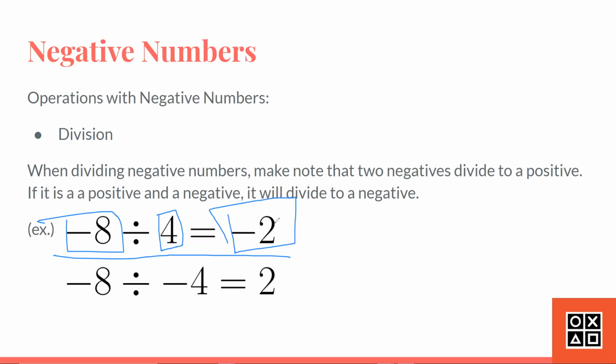So 8 divided by 4 is 2, and then you would just add a negative sign because it's a negative divided by a positive. And in this case, you're doing a negative divided by another negative. And so what you're doing is 8 divided by 4, which equals 2, and you're just canceling out these two negative signs.